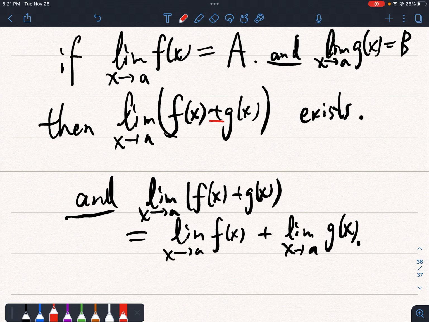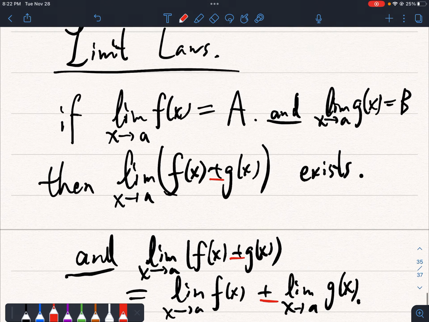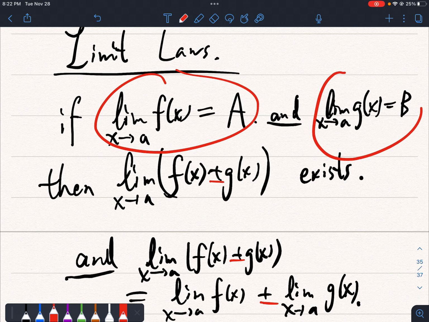And also this is true if you change this into minus, right? So f of x minus g of x will also have a limit, and this limit will also be the difference of the limits, okay? So the limit of the sum will be the sum of the limits, and the limit of the difference will be the difference of the limits if both limits exist, okay?